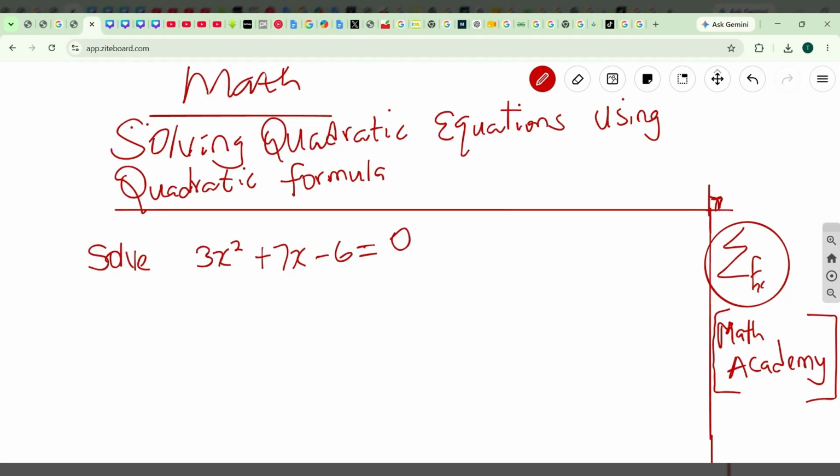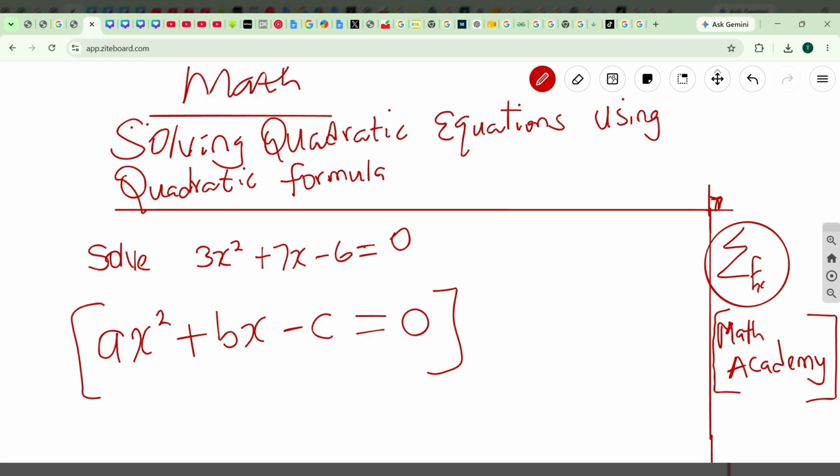Using the quadratic formula, we have a formula that we just employ in solving quadratic equations. So recall the general quadratic equation, ax squared plus bx plus c equals 0.